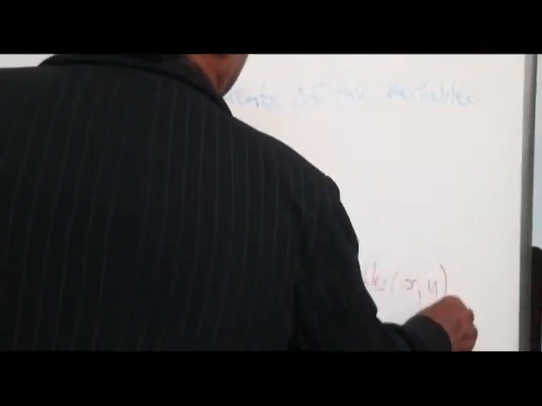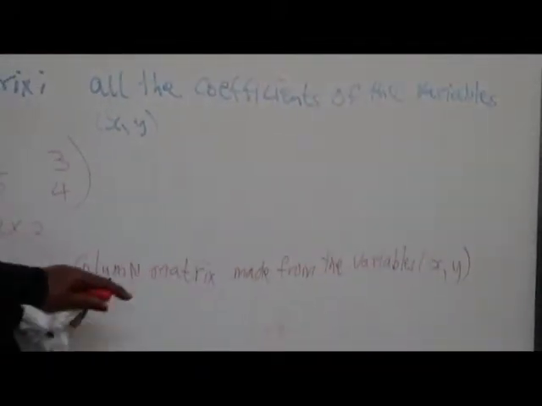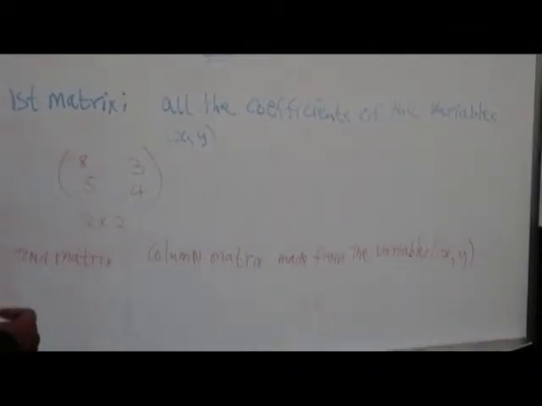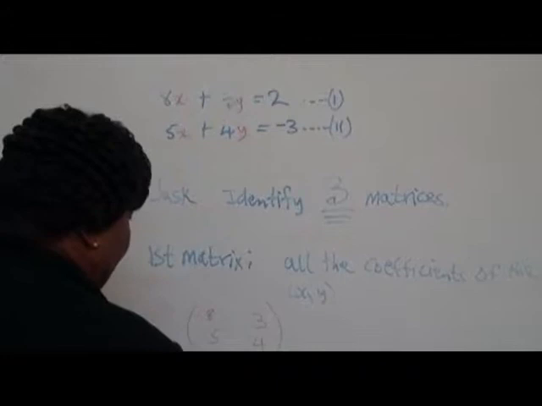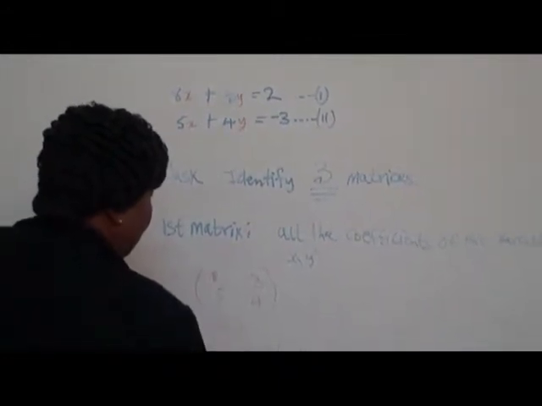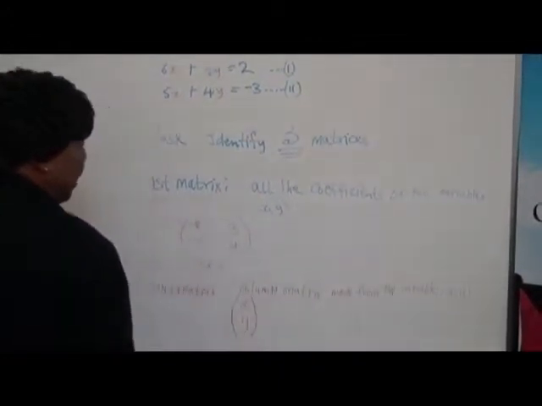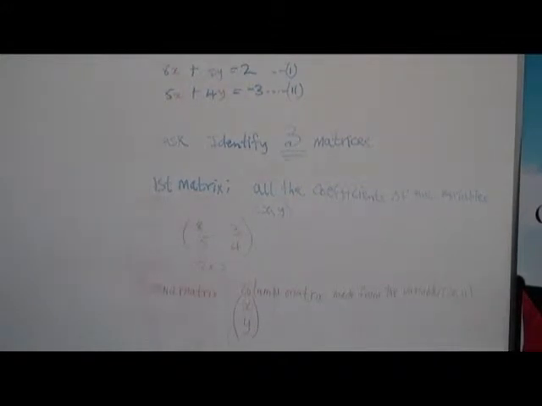Here these are the x and the y. So it's a column matrix. In our case, as they occur first, the x goes on top and the y at the bottom, and that is the second matrix that we are forming.